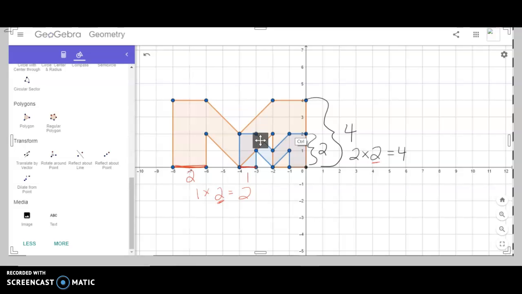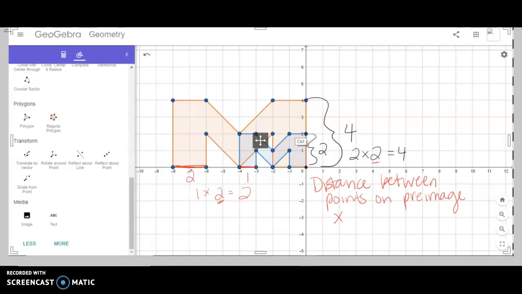So any distance between points on the pre-image is related to the distance on the image by multiplying by the scale factor.